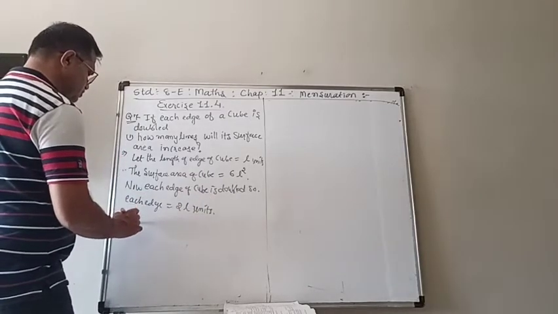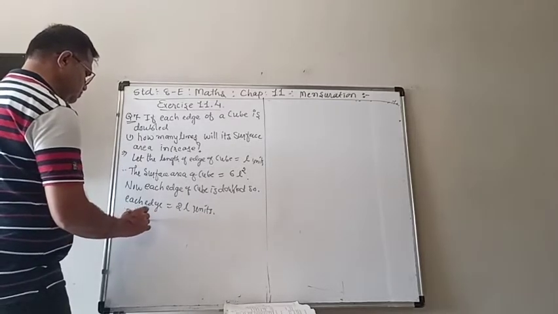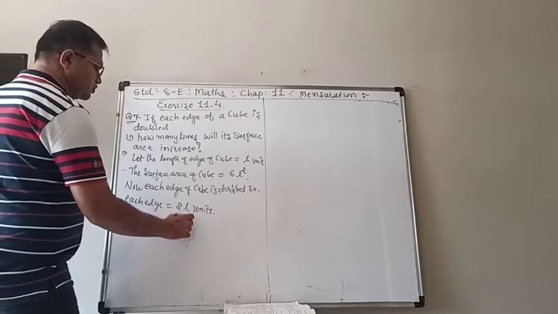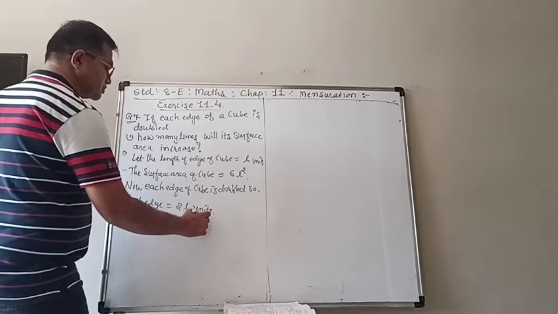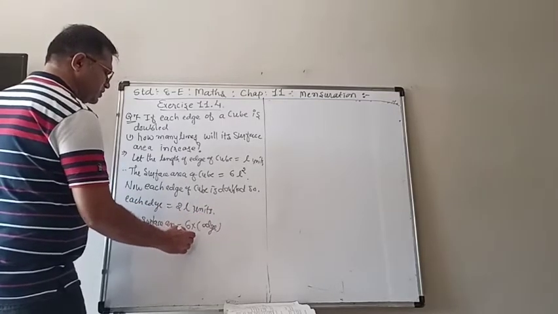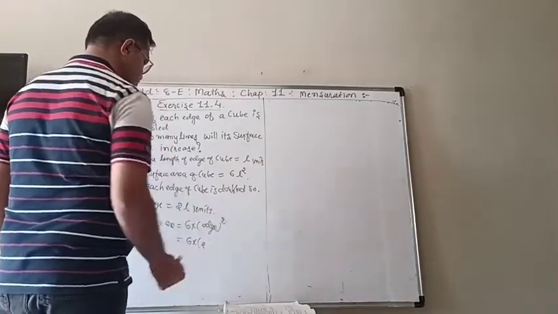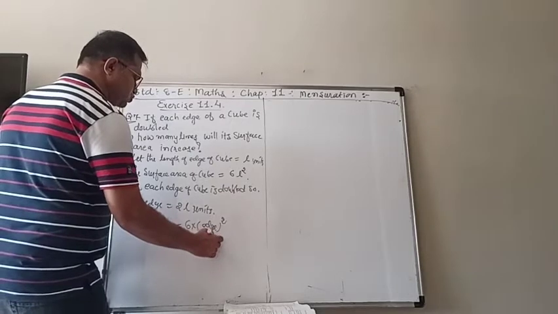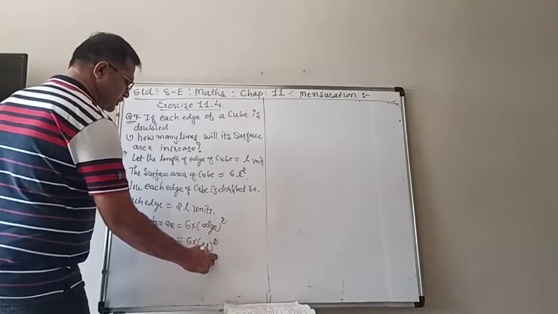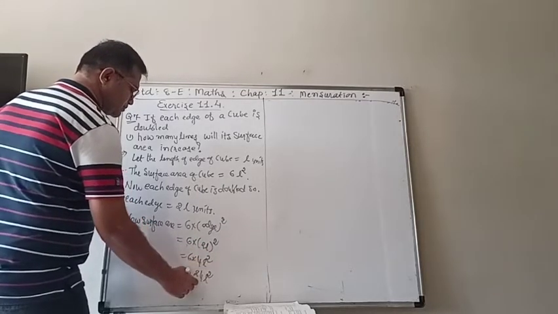Therefore, new surface area is equal to 6 times edge square, but the new edge is 2L, so 6 times (2L) whole square. 2 square is 4, so 4L square. So 6 4s are 24L square.